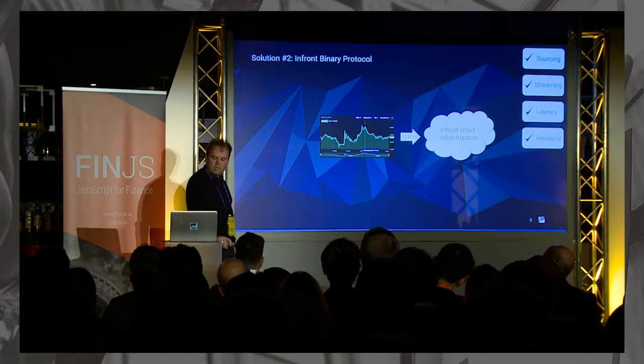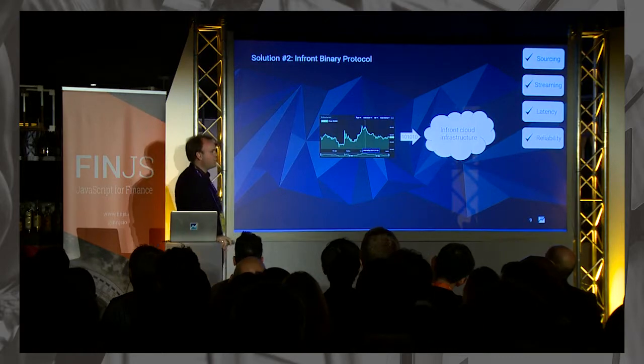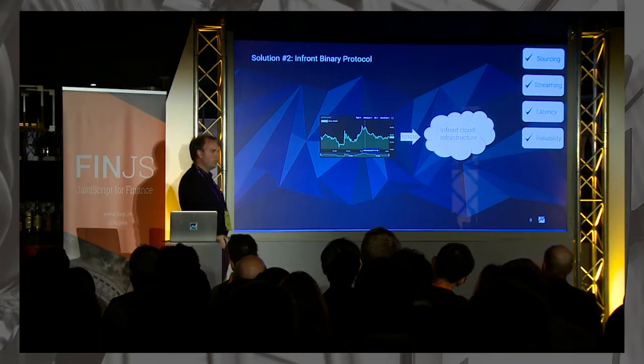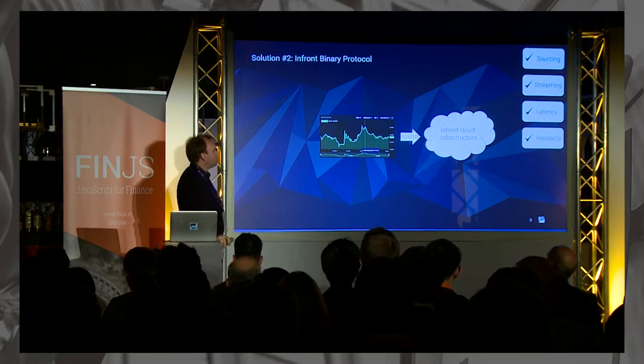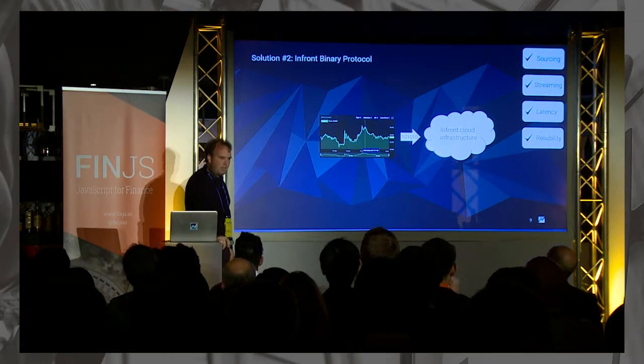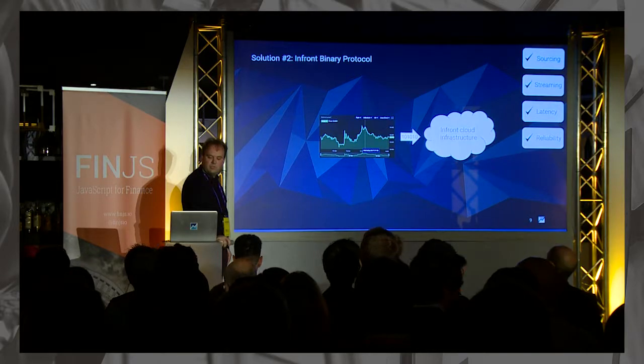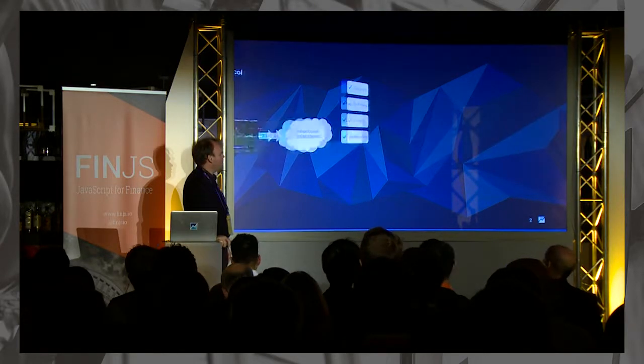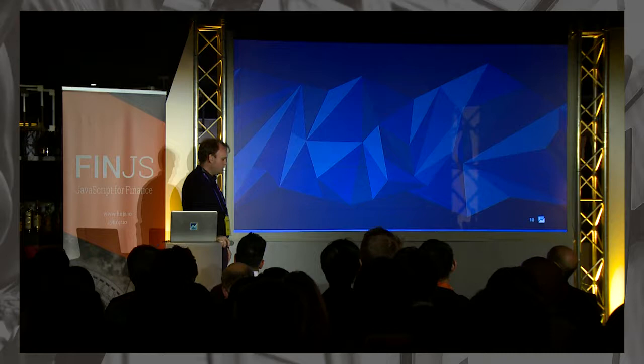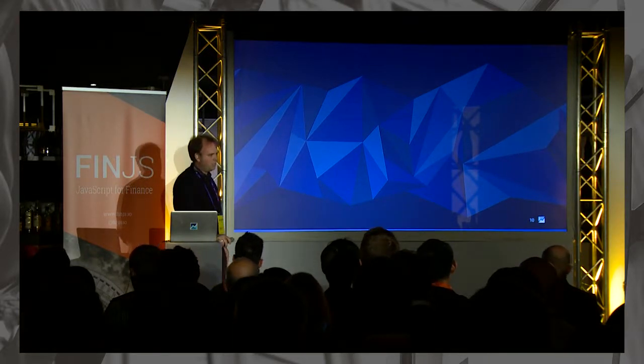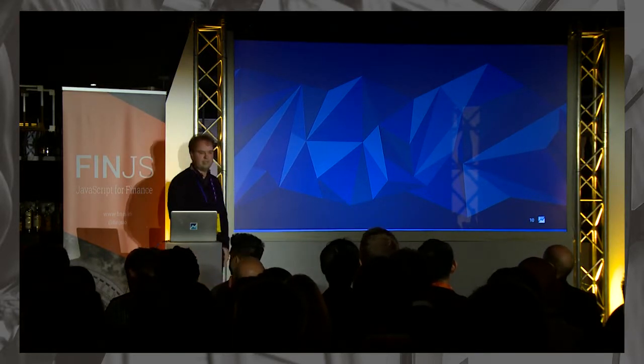So how did this affect us? Well, this is what we've been doing this year. We have released one product with this into production, and we have started really seeing the effects. I'll give you two key examples. Firstly, we send a lot less data.